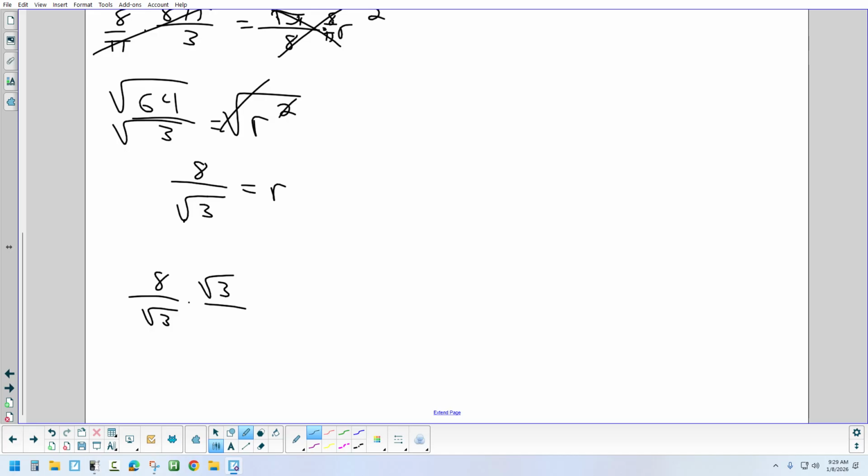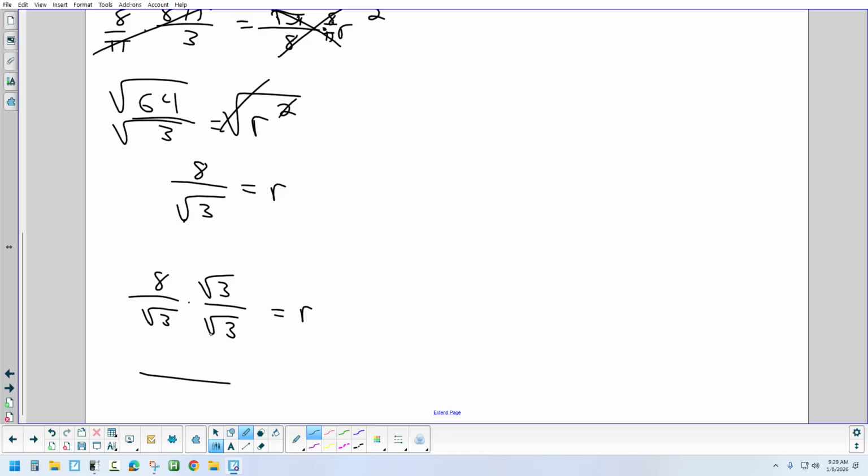What's the only thing you can multiply something by and it doesn't change it? 1. So you really have to multiply by 1 here, but we're writing it in a special way. It has to be the square root of 3 over the square root of 3. The reason we do that is because the square root of 3 times the square root of 3 cancels.